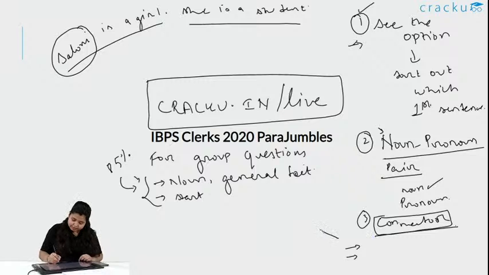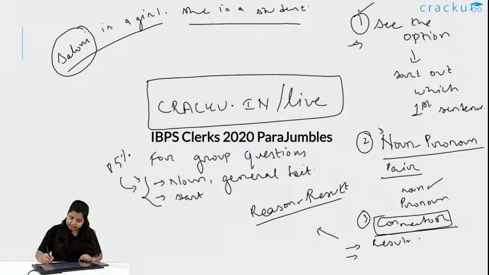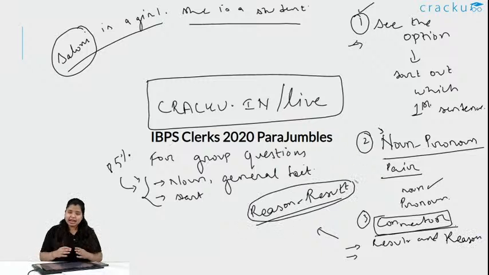One is reason and result, and the other is result and reason. What is reason and result? This I have divided into 2 categories, and this is very easy to remember.